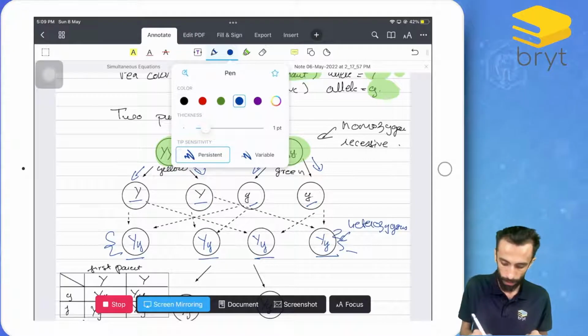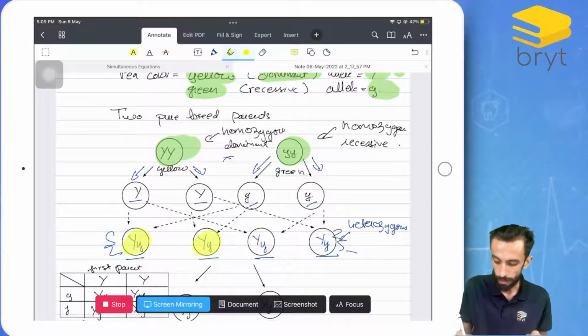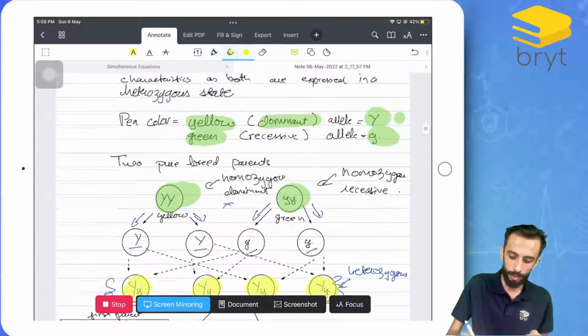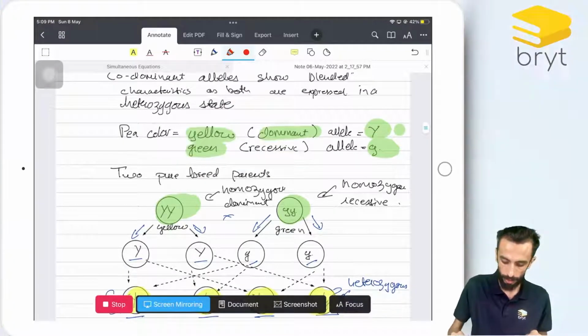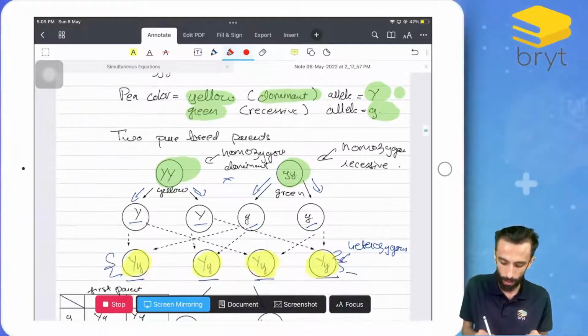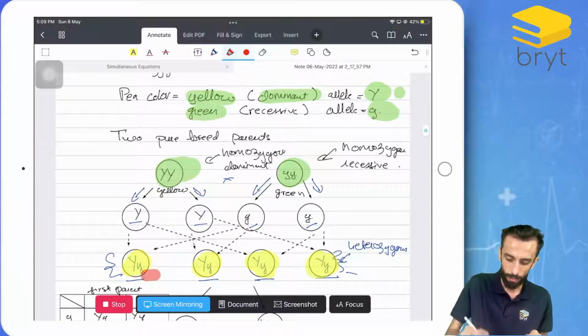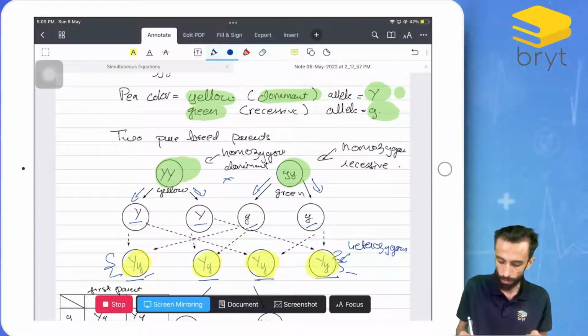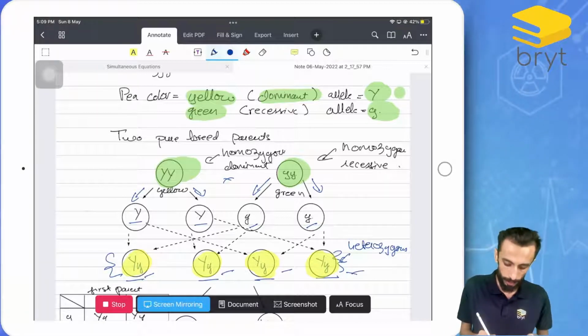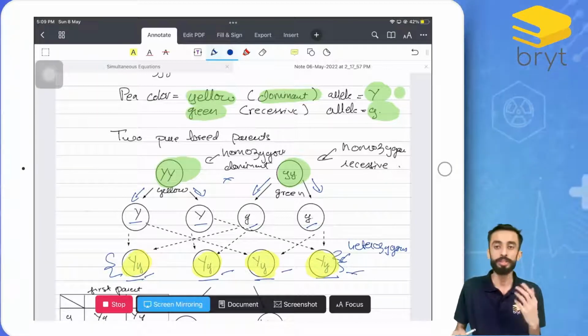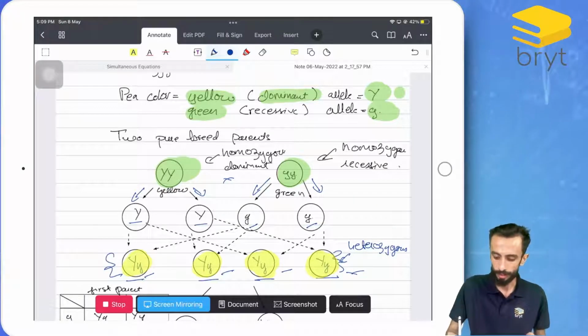Because the yellow trait is dominant, and because it is dominant, whether it is present in a homozygous dominant state, which is this, or in a heterozygous state, it will always be shown. So all of these P's are yellow in color. So the phenotype of these P's is yellow, while the genotype is heterozygous.